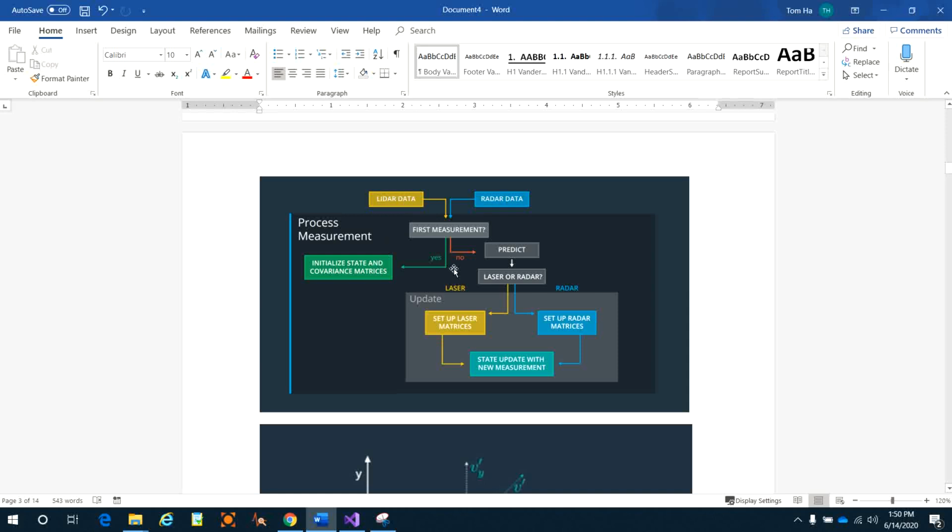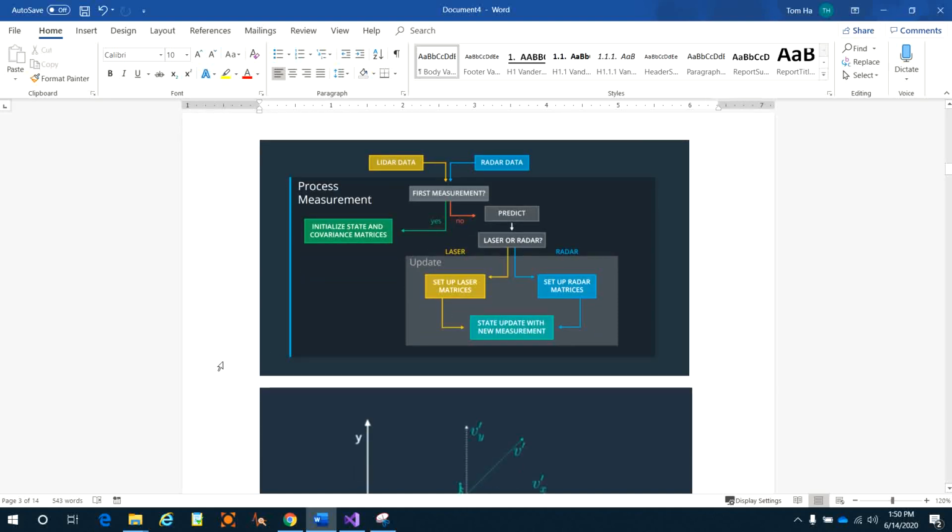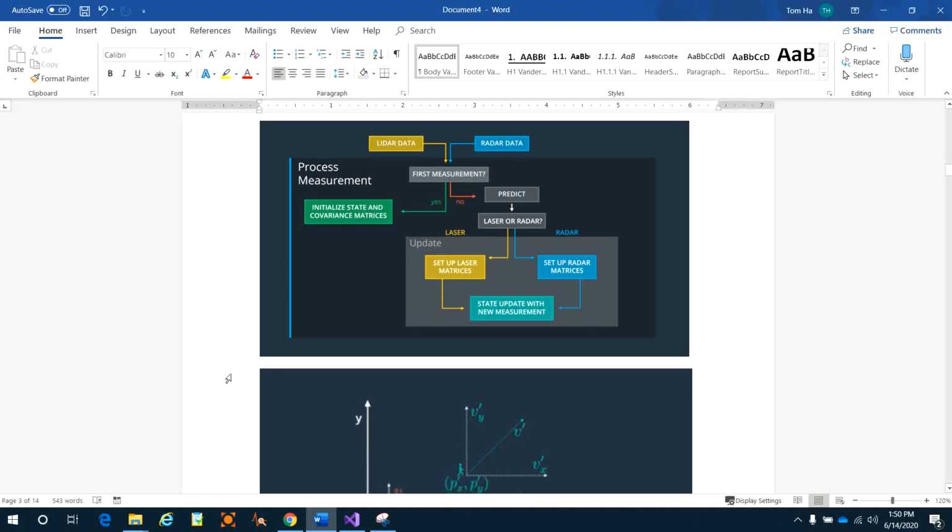They combine the data and apply the Kalman Filter to get a good estimation of where the object is, maybe a pedestrian or another car, correctly. We talk about this one in the next video, because it's the real application for sensor fusion.